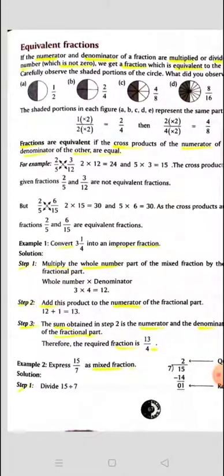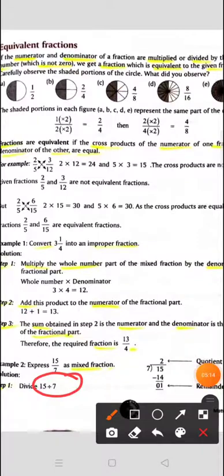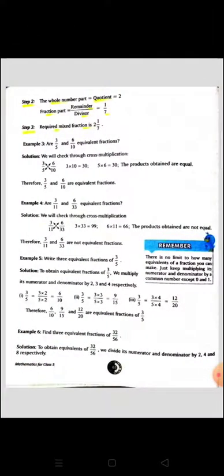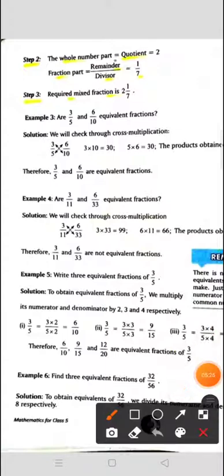Example 2. Express 15 upon 7 as a mixed fraction. The rule is very simple. First of all, you have to divide. This will be your quotient, this will be your remainder, and this will be your divisor. After that, you have seen here it is written the quotient is the whole number part, which is 2.